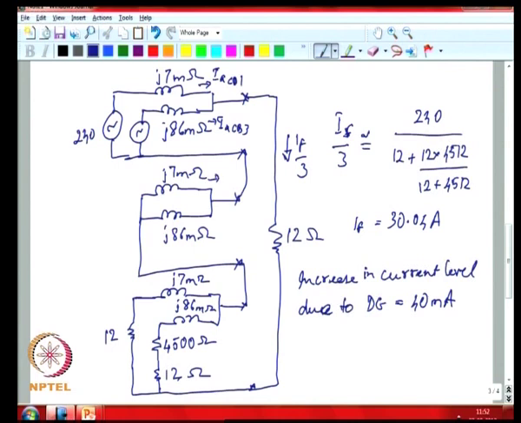Similarly you can find the sequence currents in the branches of this particular circuit. So, you have the overall current, and you have to find out how the current splits between these two branches. You could find out the share of current for the positive sequence, negative sequence and 0 sequence. So, you could do that calculation.